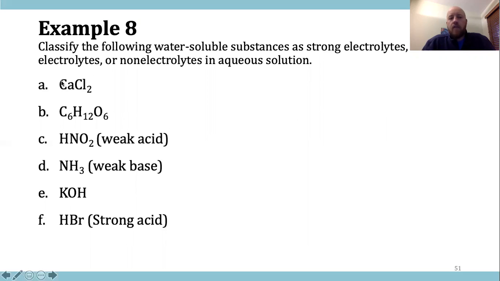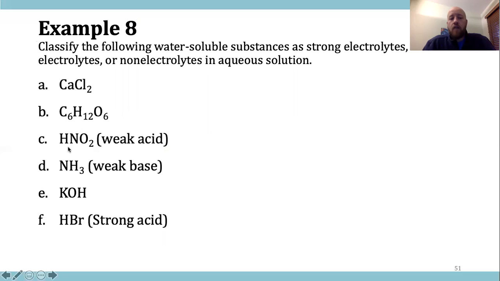Calcium chloride. Well, we don't know enough at this point whether or not it's a strong electrolyte. We know it's ionic, so it's likely to be at least an electrolyte. C6H12O6, sugar, is a non-electrolyte.